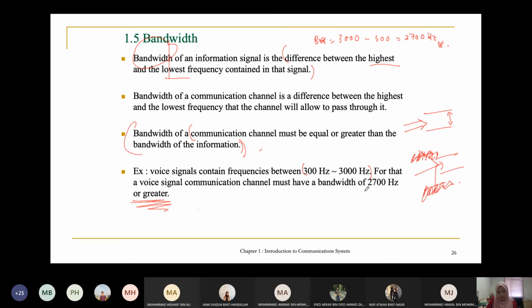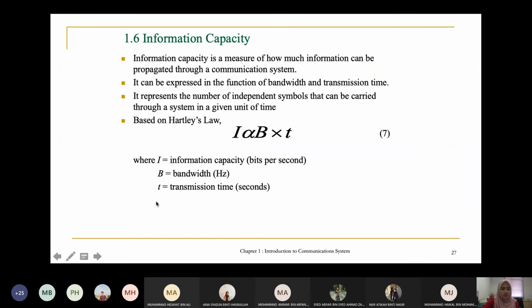And the final parameter is the information capacity. Information capacity is a measure of how much information can be propagated or transferred through a communication system. So how much information you can transfer.